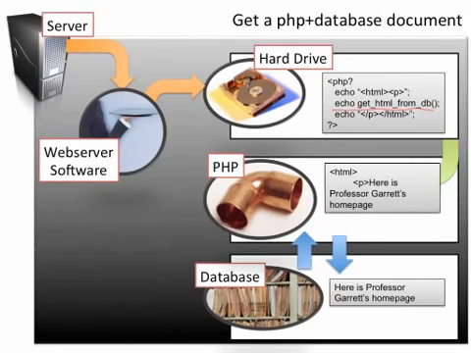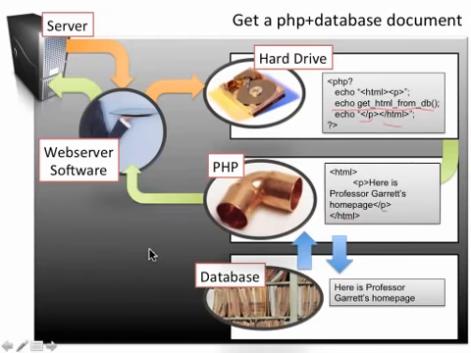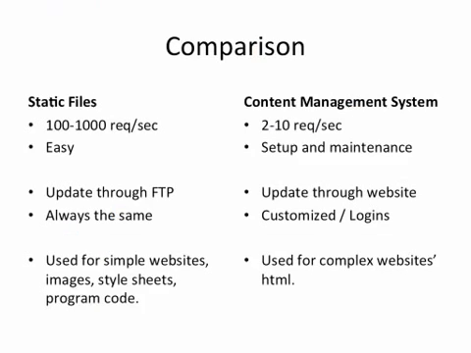PHP then executes the last echo statement, which then adds on the closing P and HTML, which you can see up here. This document is then returned to the web server, which is then returned to the client. So again, this is a simplified version of how it actually works, but hopefully it should be enough for you to see the process and the major players involved in creating a dynamic website.